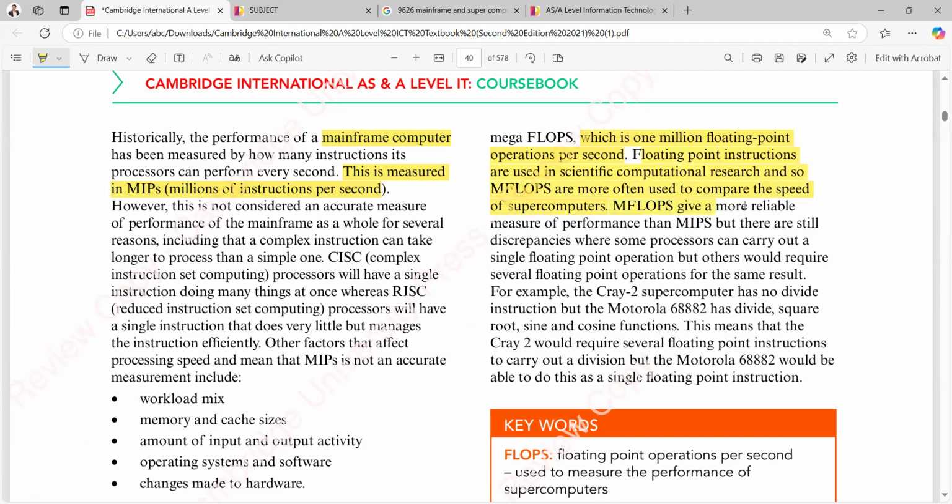Megaflops give you a more reliable measurement of performance than millions of instructions per second, but there are still discrepancies. Sometimes I share with you the processor speed in terms of gigahertz. When it comes to a mainframe computer, it is measured in MIPS, and when it comes to a supercomputer, it is measured in MFLOPS or FLOPS.